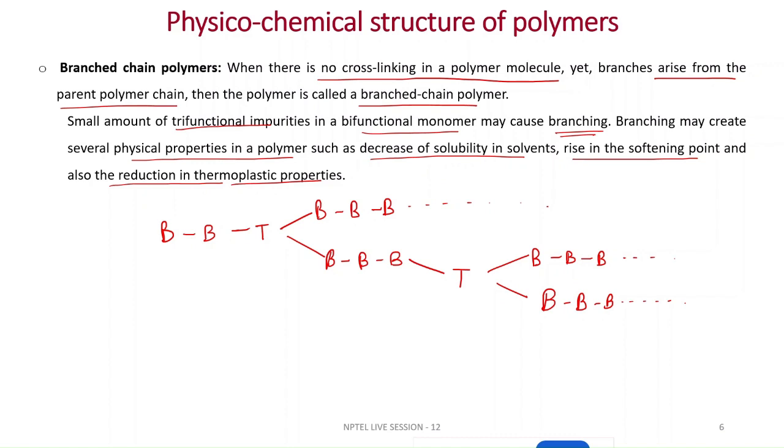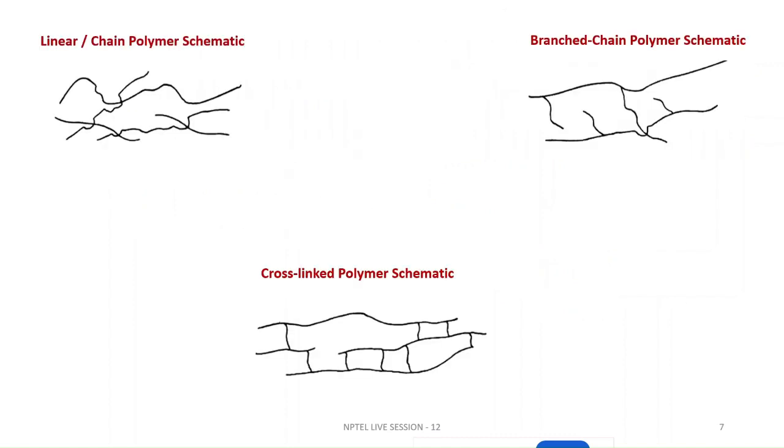We will quickly look at the schematic of the various physical structures of polymer. On the left you can see this is a linear or chain polymer. So here, whatever structure you are focusing on, this is not any kind of chemical bonding.